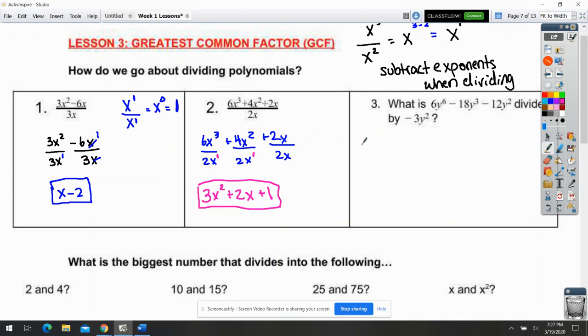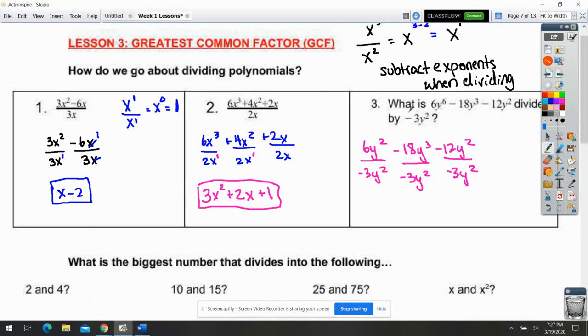I'm just going to write it out just like I did with 1 and 2. So you have 6y squared divided by negative 3y squared. Here, the signs are important because you have some negatives involved. Minus 18y to the third divided by negative 3y squared. And last, we have negative 12y squared divided by negative 3y squared.